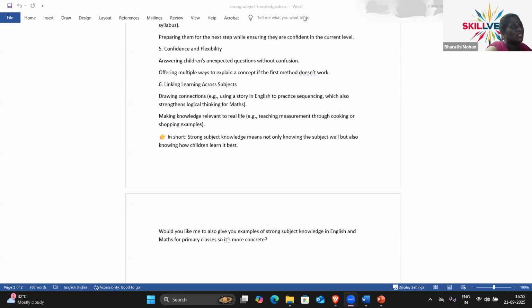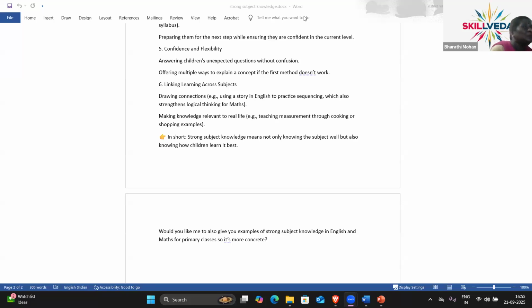Some questions like that, where the child learns addition, or how his father spends 500 rupees on various things, how he spends for the family. When you give them a question, every child will come up with an answer or question.